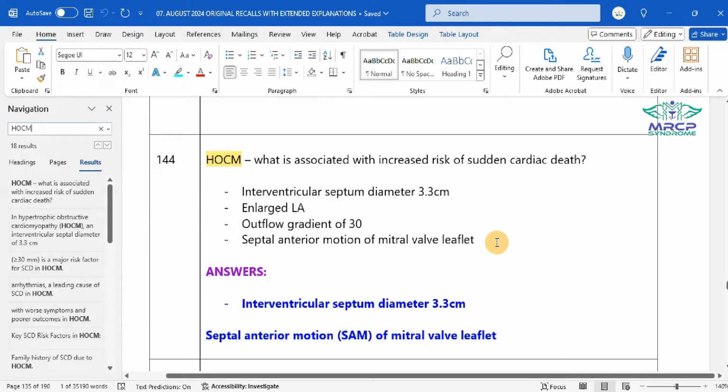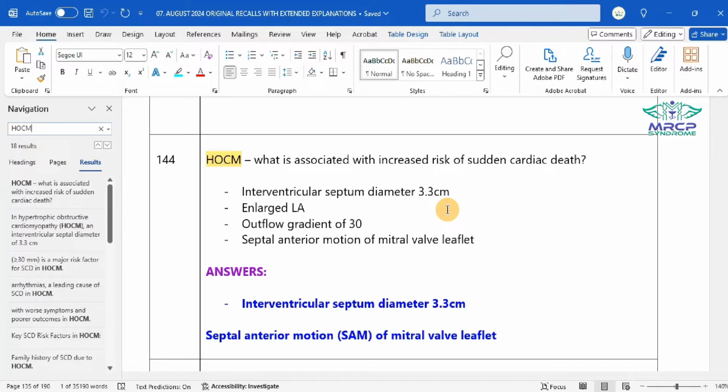Based on the ESC guideline on HCM, whenever there is extreme left ventricular hypertrophy, usually greater than or equal to 30 millimeter or 3 centimeter, this is validated as an SCD risk factor. So whenever the septal thickness is greater than or equal to 30 millimeter, this is strongly associated with ventricular arrhythmia due to either myocardial ischemia or other factors.